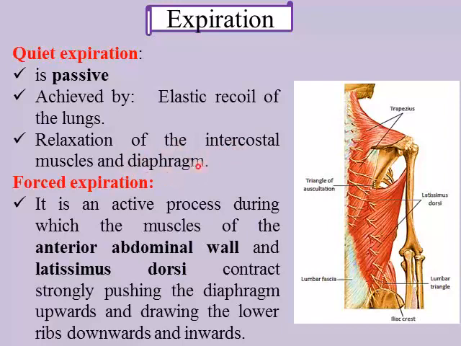So they have the same direction, downward and backward, like the internal intercostal. They are the third layer, but they don't occupy the whole wall of the thorax. They occupy only the lateral side of the thorax, the middle 2/4 of the intercostal space.